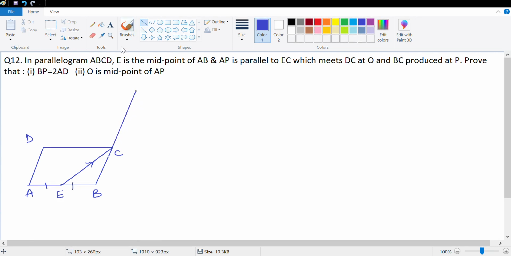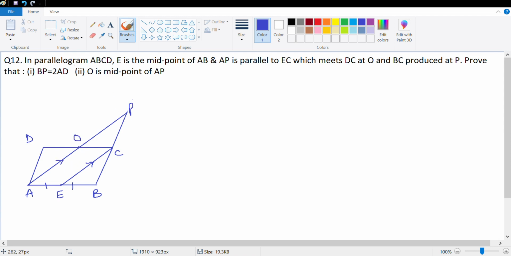This is a line which is parallel to EC. Perfect. So I can erase this part, not required. So this is AP, and it meets DC at O and it is parallel to EC.